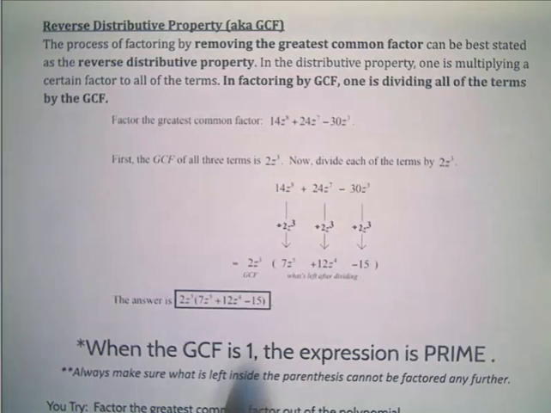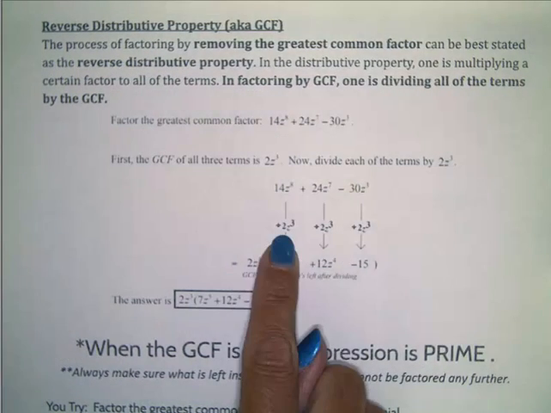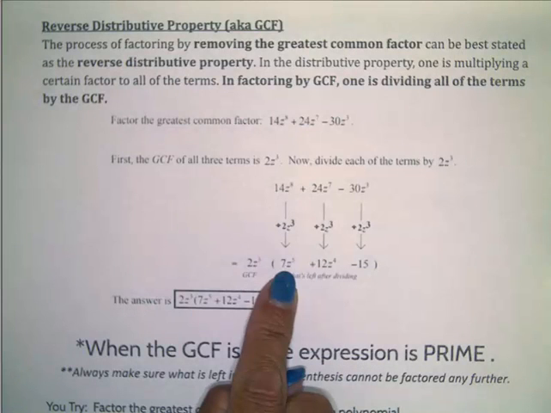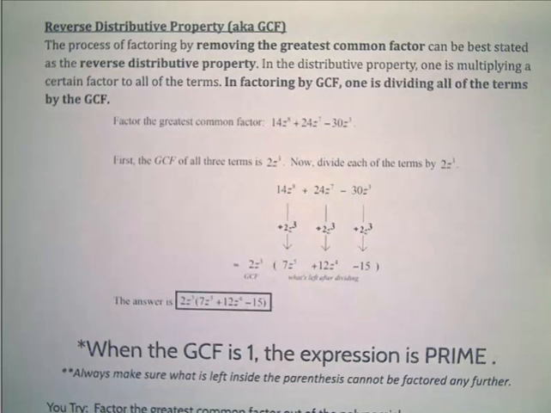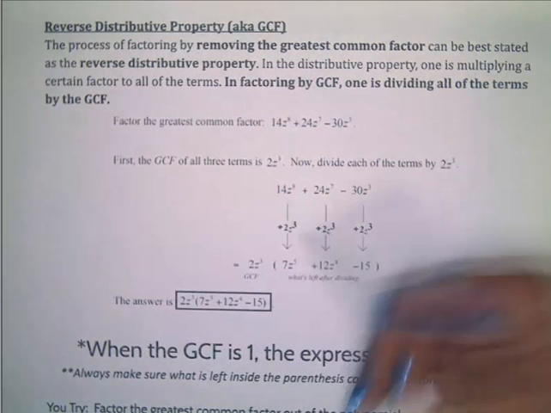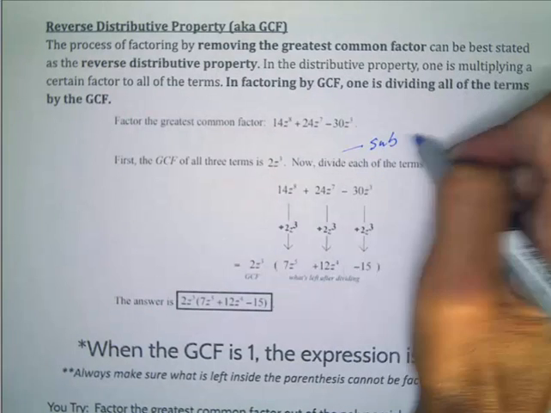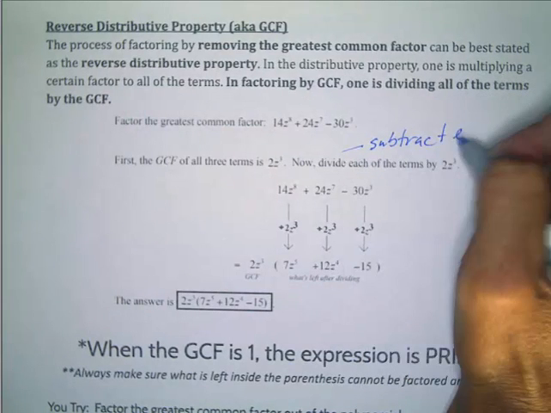So when we divide 14z to the 8th by 2z to the 3rd, we get 7z to the 5th. Remember, when you're dividing and they have the same variable, you're subtracting the exponents, okay?